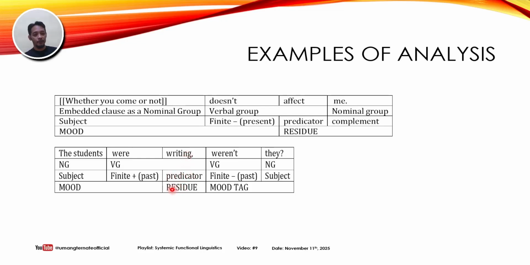So the residue block consists only of this element. Right? But here we have a mood tag. In traditional grammar, we refer to this as the question tag. But in the mood system, we call it the mood tag. The mood tag is just like the mood.